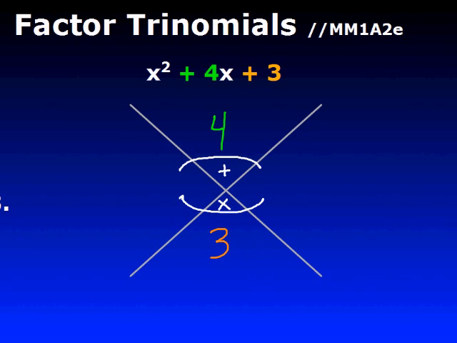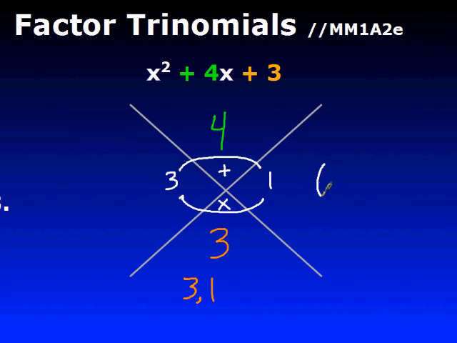Well, when I factor 3, the only factors I know of here are 3 and 1. So put these in, 3 and 1. Indeed, 3 and 1 add to be 4 and multiply to be 3. These 2 numbers become the factors in this way.